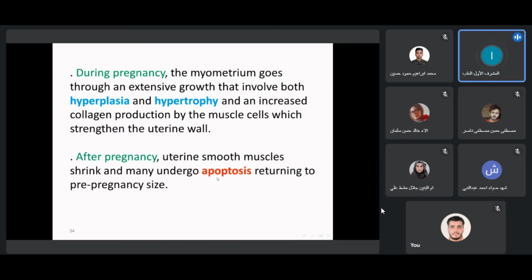We said it is cell death, or called the programmed cell death. This process helps to eliminate the cells in the body that are no longer needed, and the elimination of much of the increase in the smooth muscle layer will bring the uterus back into the pre-pregnancy state.